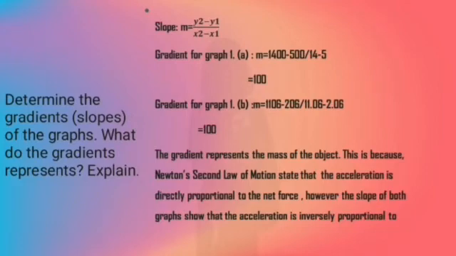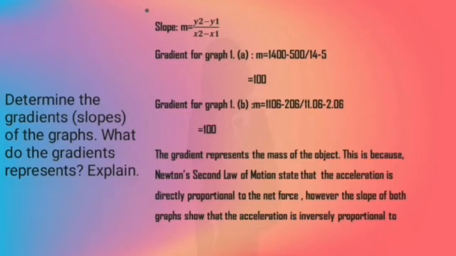For graph A, the gradient is (1400 minus 500) over (14 minus 5), which is equal to 100. So the gradient is 100. For graph B, (1106 minus 206) over (11.06 minus 2.06), the gradient is also 100.